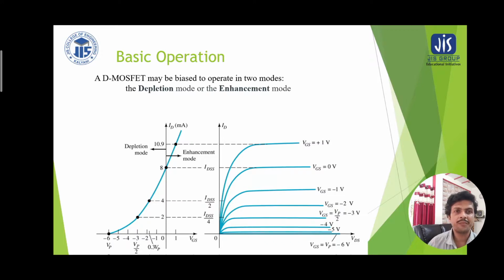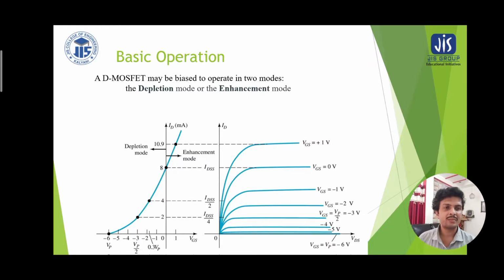So we see that when the gate to source voltage reaches the threshold voltage, that means the most negative voltage, it will make the channel thinner, that means the depletion region wider, so that there is no chance of charge carriers flowing through the channel.